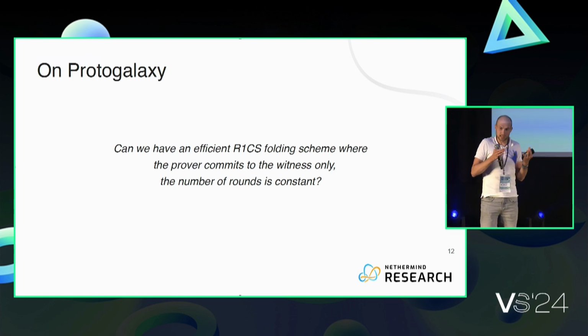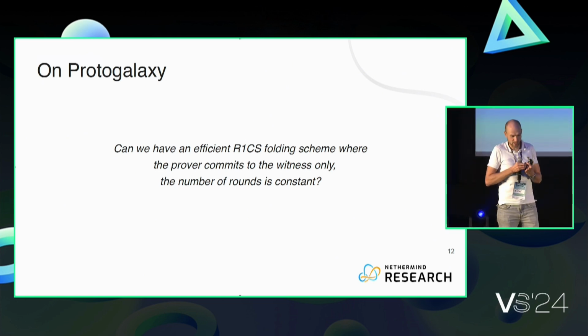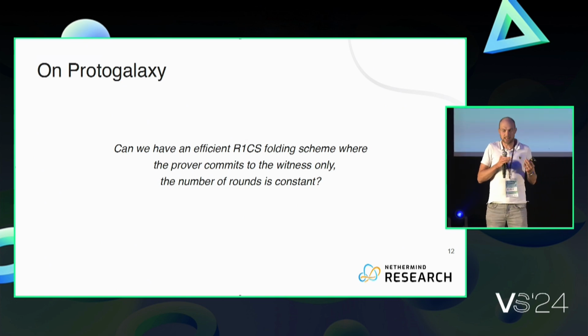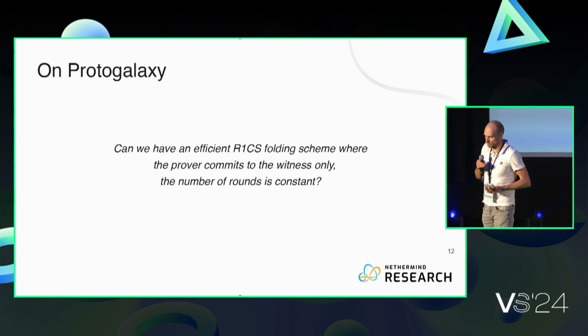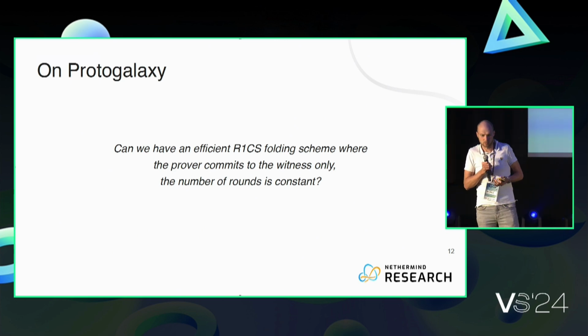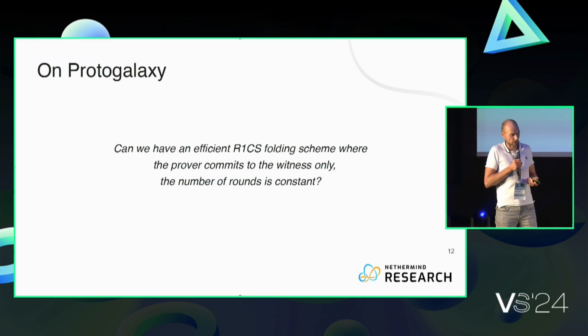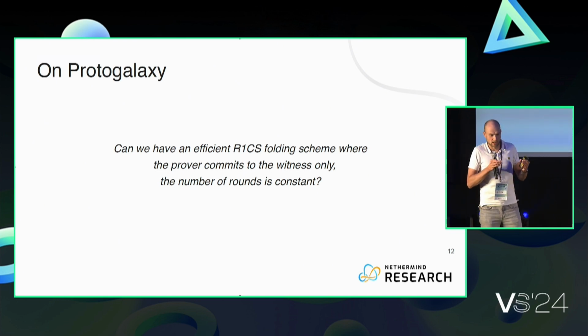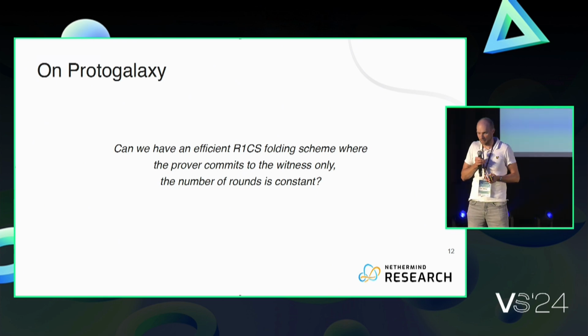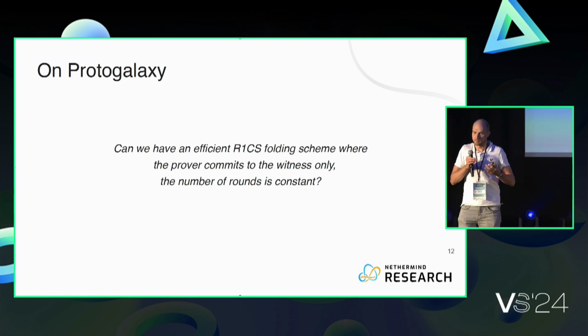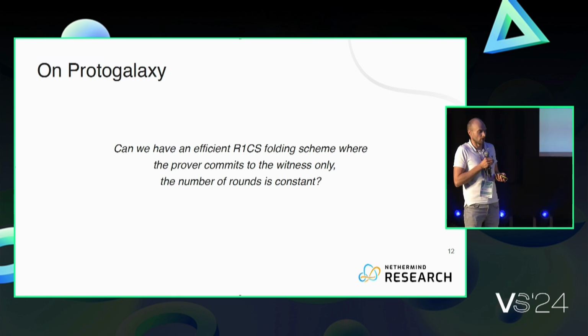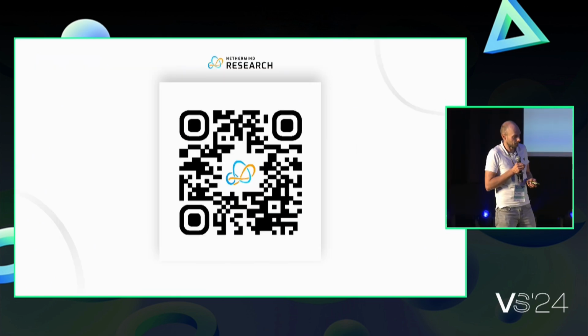We thought that we were the first to answer this question affirmatively, but actually Ariel Gabizon's work on Protogalaxy also answered this question positively. And from some perspective, Mova is a sort of specialization of the Protogalaxy scheme.